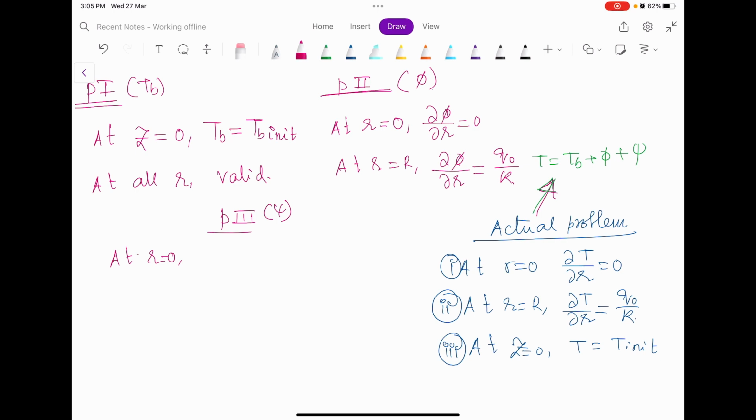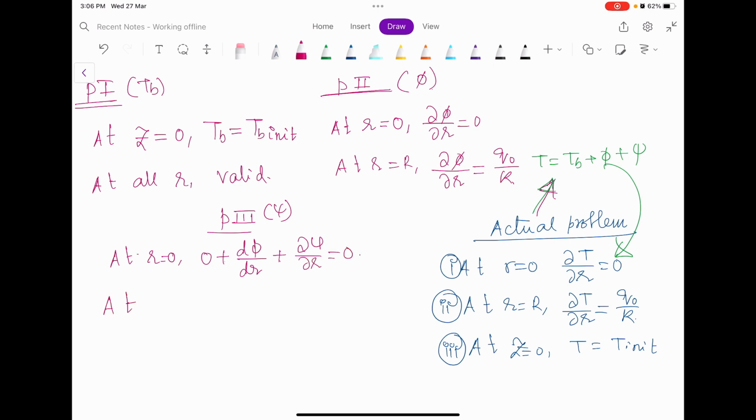So at r equal to 0, if I replace this tb plus small phi plus psi here, then I will get del t del r: tb is not a function of r, so 0, plus d phi dr, because phi is the only function of r, and this is equal to 0.